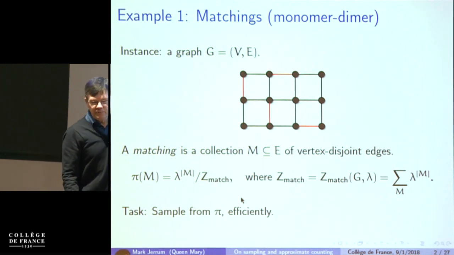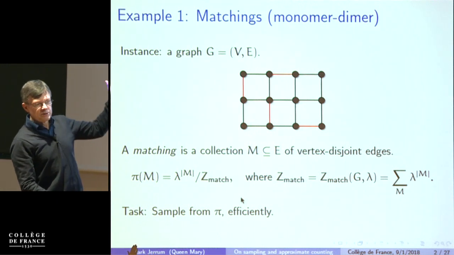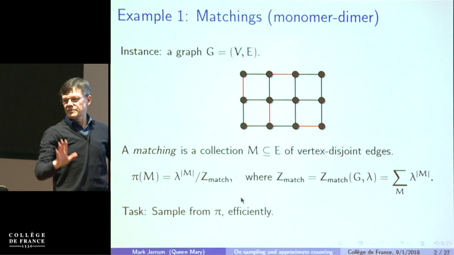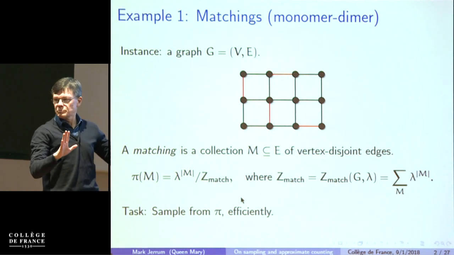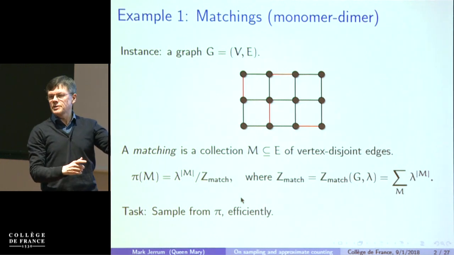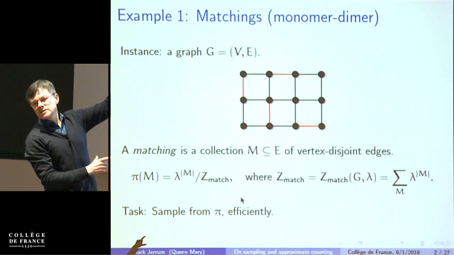By the way, in physics, the story is supposed to be that this two-dimensional lattice is an arrangement of atoms in a crystal, and these red edges are molecules with two atoms which stick to the surface.